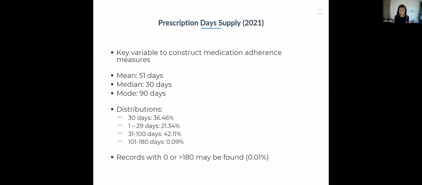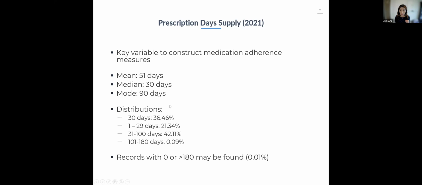So this is the distribution of the prescription days supply variable. You can see here the median is 30 days, which means that usually beneficiaries fill the prescription on a monthly basis. And interestingly, the mode is 90 days. It used to be 30 days as well in earlier years, and this is my first time to see 90 days using 2021 data.